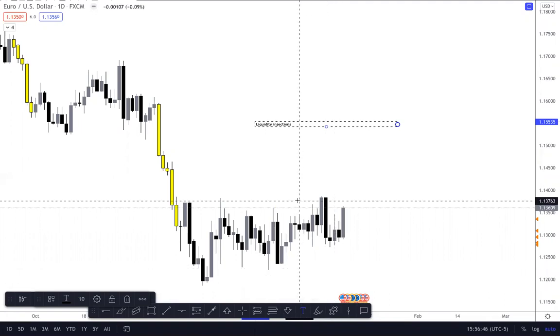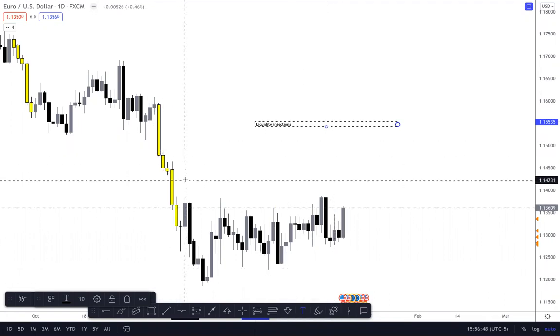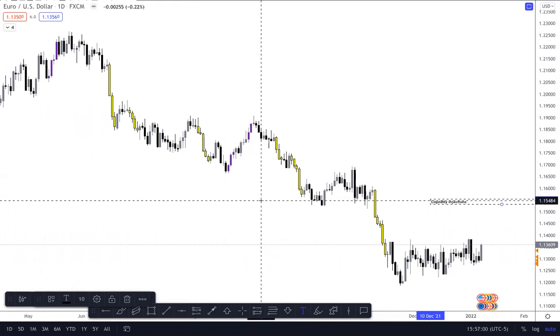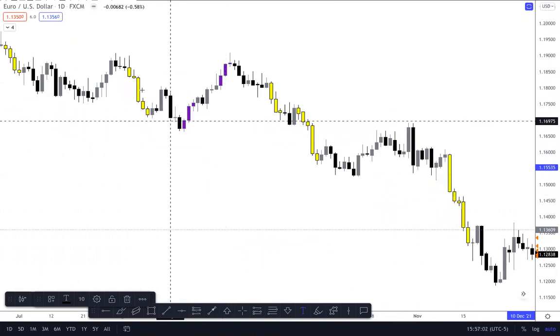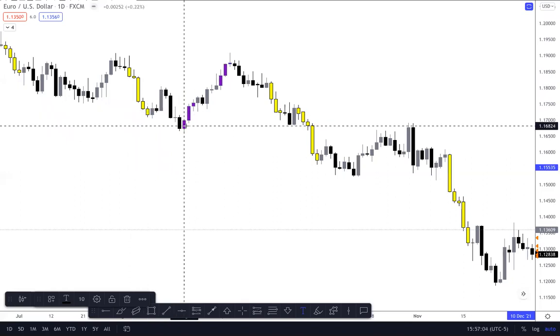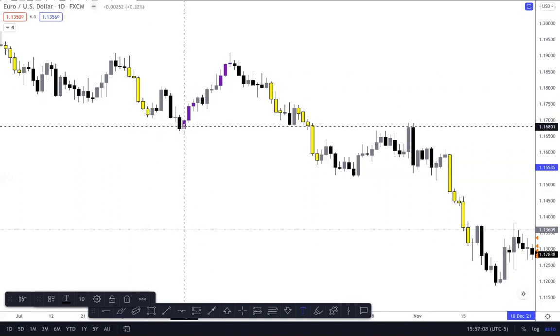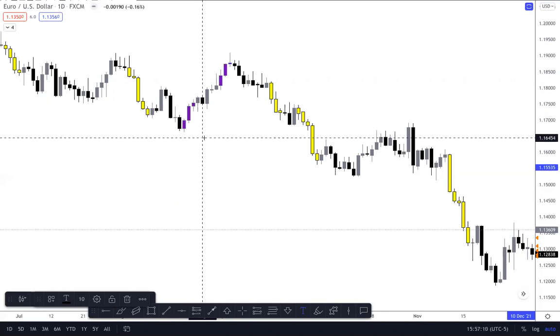Basically, what we're going to be learning how to use today is my custom liquidity cycle indicator, which is primarily just showing imbalance in the market, but there is a specific way to identify liquidity using these imbalances. As we can clearly see, we have both a seller's imbalance and a buyer's imbalance, right? Yellow representing the sellers and purple, in this case, representing the buyers.